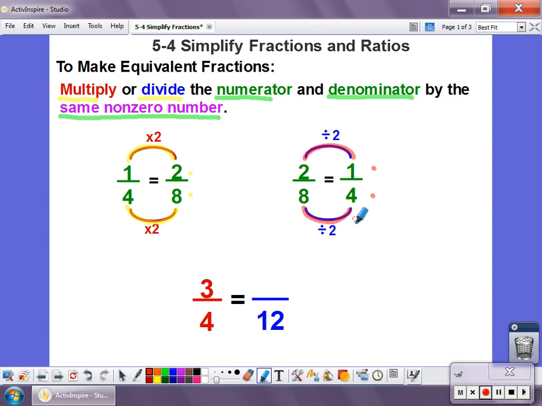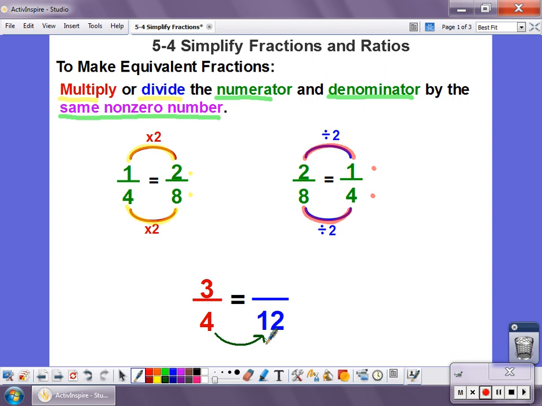Now, most of the time you're not just going to be creating random equivalent fractions, but you're going to be looking for one specific equivalent fraction. Like if you look down here, we're given a fraction, and we want to create a specific equivalent fraction. The way you do that is you have to figure out, okay, if I wanted to turn this denominator into that denominator, what do I have to do?